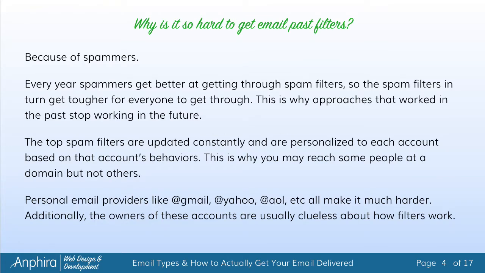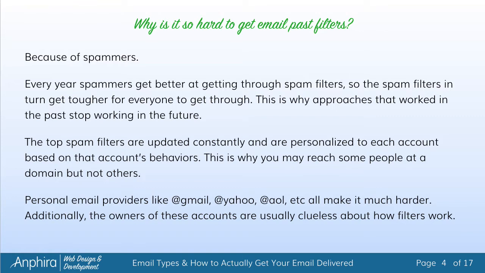Why is it so hard to get the emails past the filters? Because of spammers. Every year, spammers get better at getting through spam filters. So the spam filters, in turn, get tougher for everyone to get through. This is why approaches that worked in the past will stop working in the future.